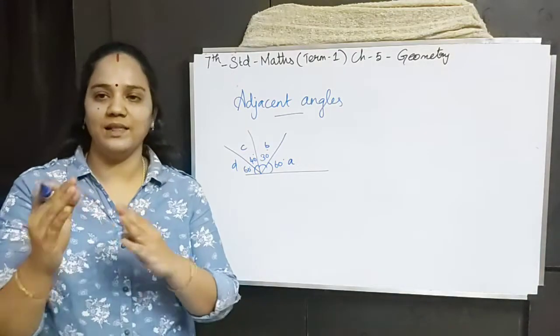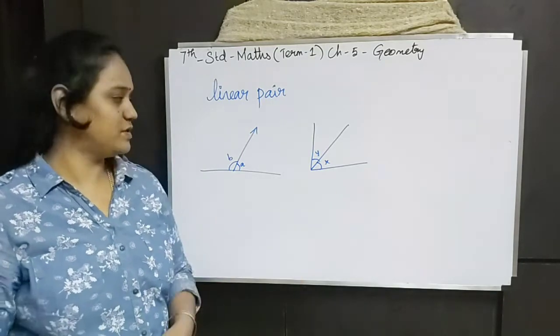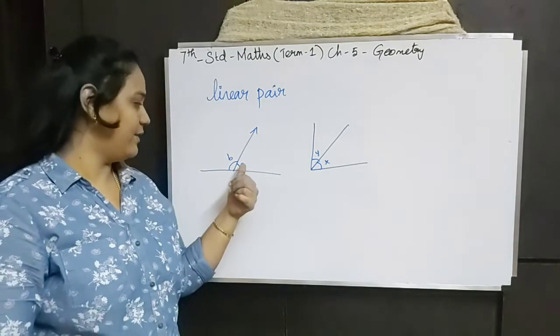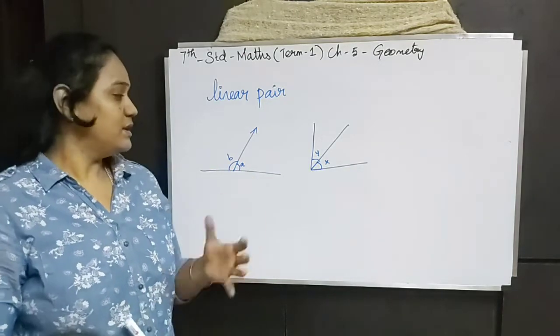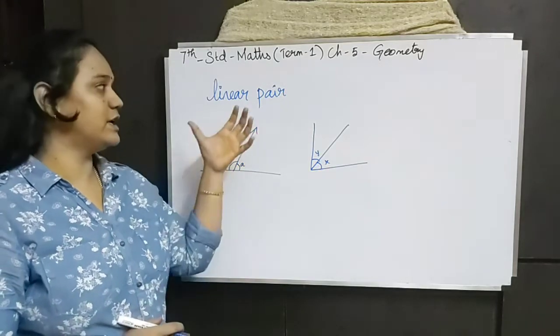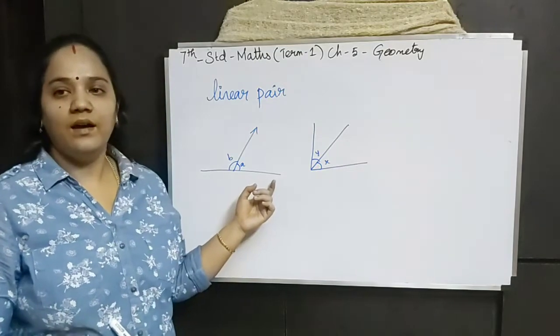Adjacent angles means angles that are next to each other. Linear pair. Here I have drawn two diagrams. Here angle X and angle Y, and here angle A and angle B. In these two diagrams, angle A and angle B are said to be linear pairs, since they form a straight line.